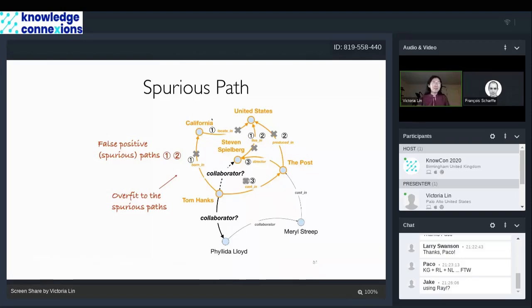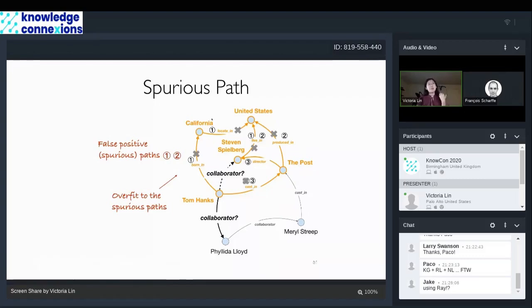Only path 3 is. However, if you just naively run REINFORCE, because of the design of the training algorithm, REINFORCE has a tendency for the agent to stick to a path which it has seen before and has received a positive reward. Remember, during training, we sample the path using the current parameters of the policy function.